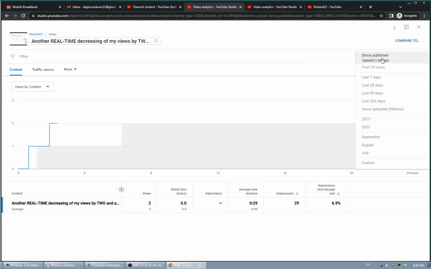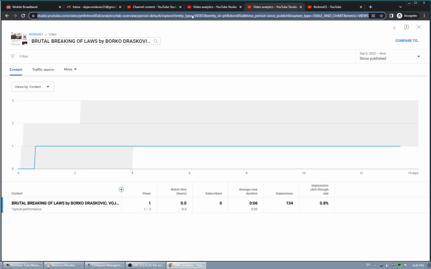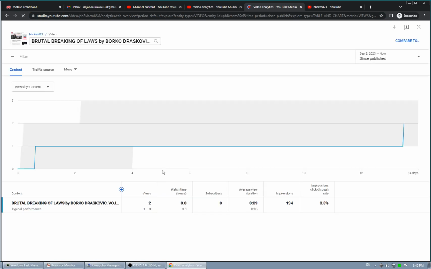Okay, so this doesn't work, and if I reload this, it should have average instead of typical. No, it doesn't. Wow, what the hell? Maybe this is some sort of cache.